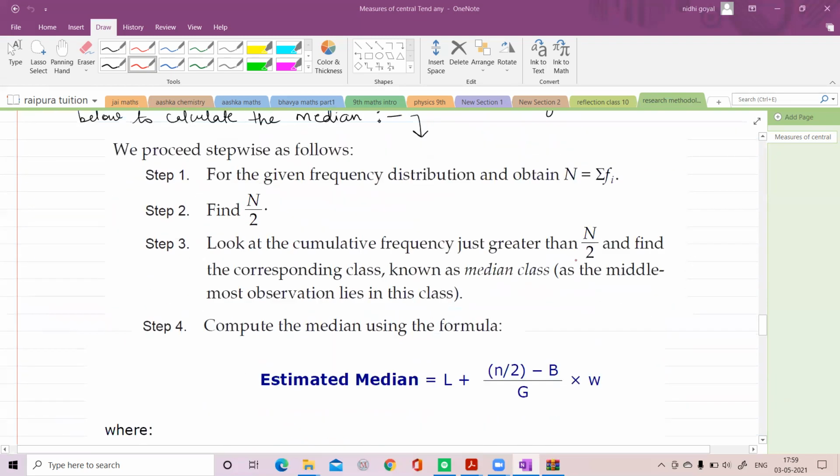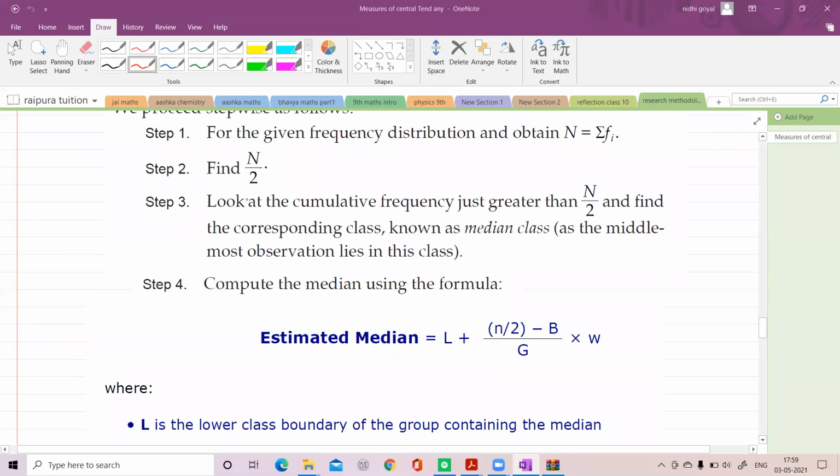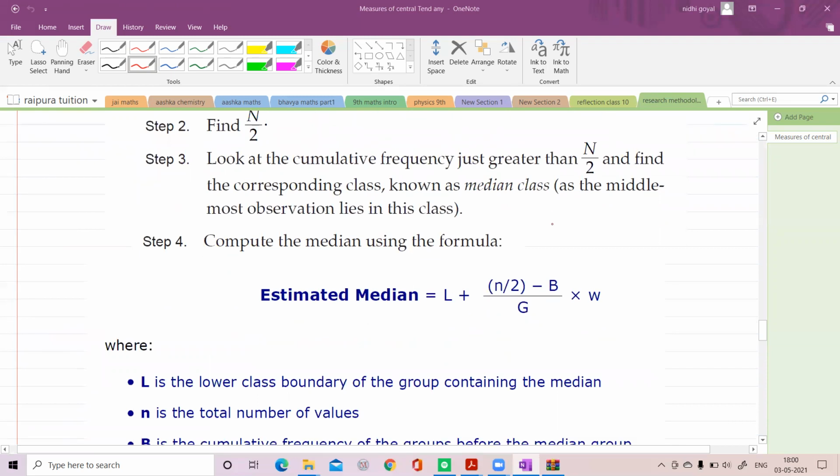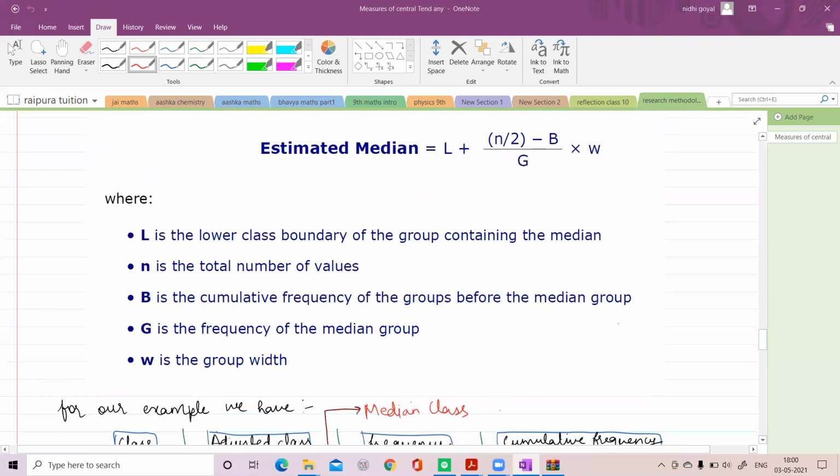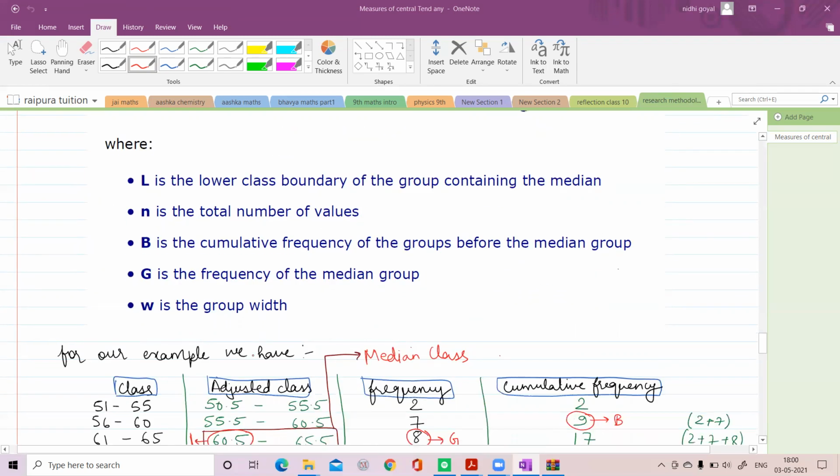Then we find n by 2, and by looking at the cumulative frequency just greater than n by 2, we find the corresponding class, which is known as the median class. And we calculate the median using this formula. All the symbols here correspond to the meanings specified here.